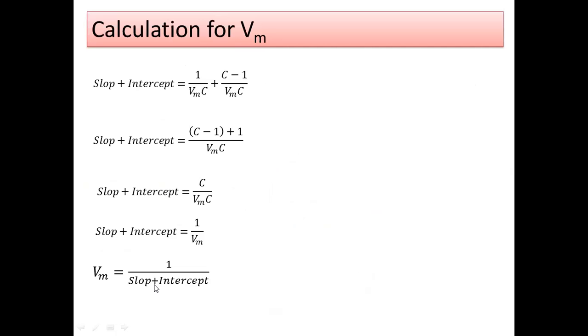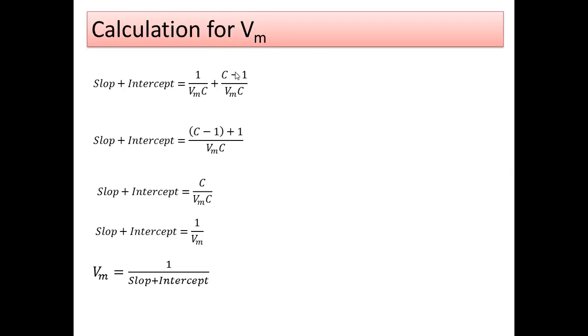So I am going to simplify further how you can calculate the Vm, because this is the most important parameter over here. This parameter Vm we will be using to calculate the specific surface area in the next class.